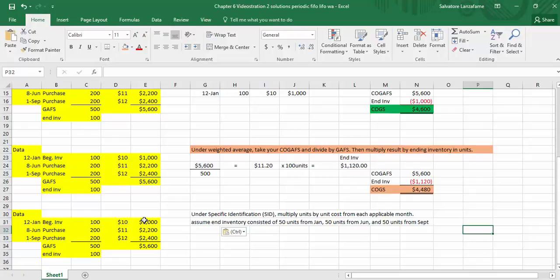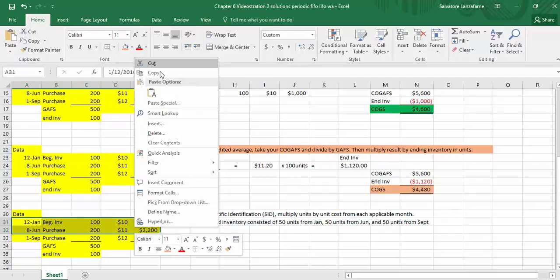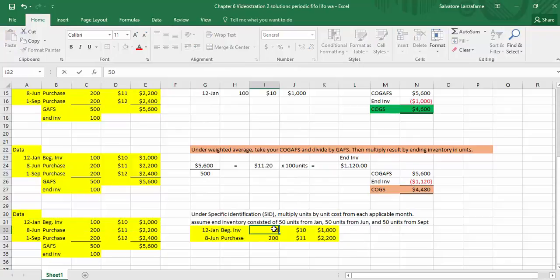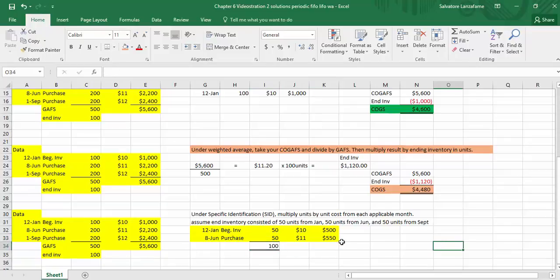So you would simply take your information. I'm just going to copy this and then change the numbers. Let me change this to 50 and then change this to 50. So of the 100 units that are in ending inventory, 50 of them came from January, and the other 50 came from June. You would be privy to this information if you were counting the inventory.